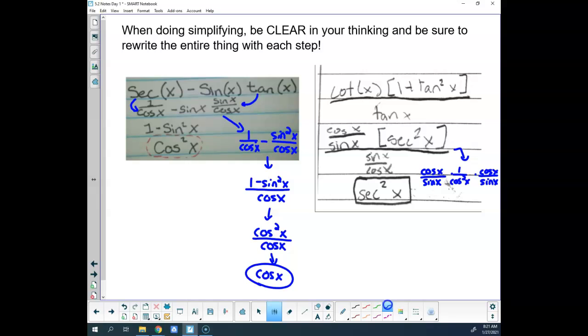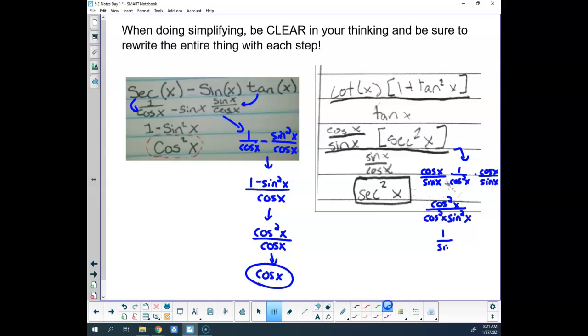Okay? Then you could say that your cosines cancel each other out. If you wanted to write cosine squared of x over cosine squared of x sine squared of x, that would be beneficial, because then we could see that logic that the cosines then cancel each other out.